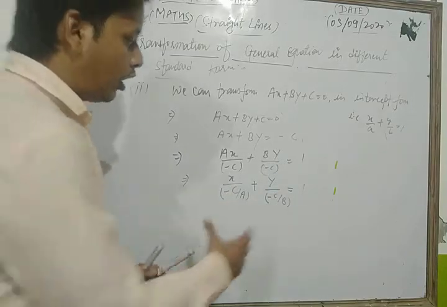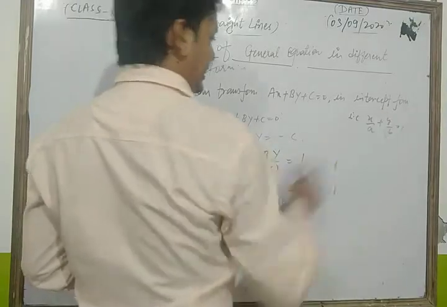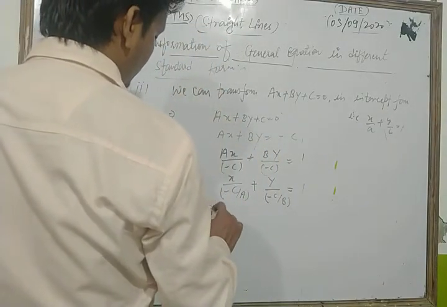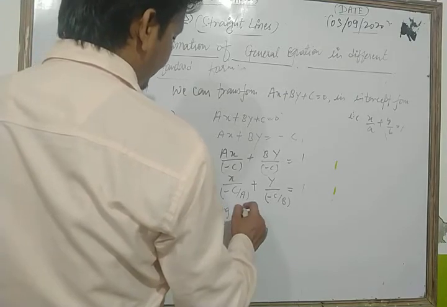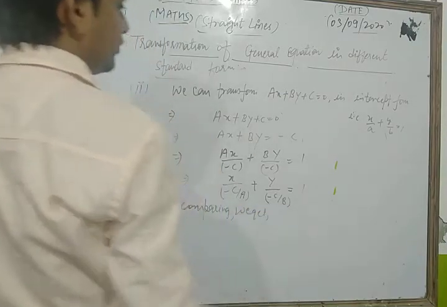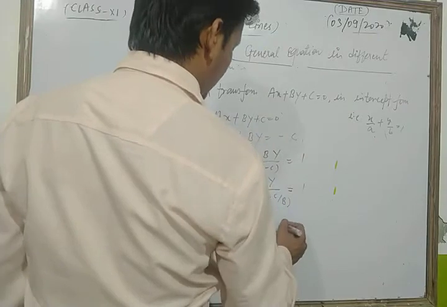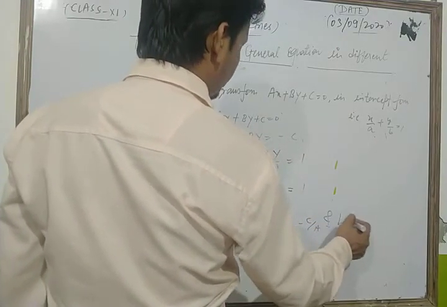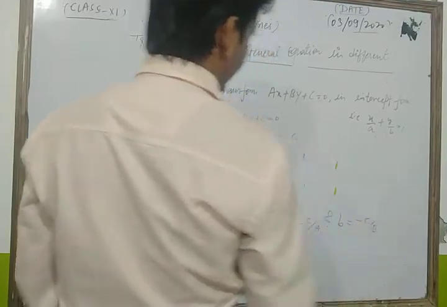Now look, on comparing that equation with this one, we get what? Let's see, a is minus c upon a, and b is minus c upon b.